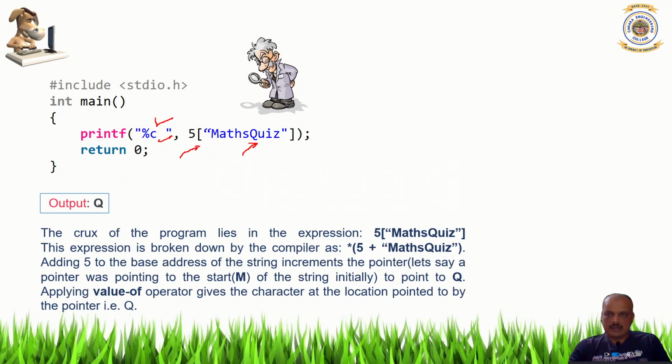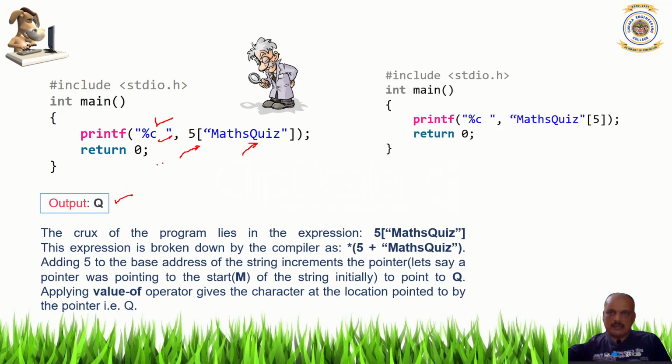Just one character. So the output that you get is just Q instead of quiz. Similar results can be obtained by just modifying it like that. These are different ways in which you can offset the starting address from which printf starts printing the character array. The same results are also got by this piece of code as well.